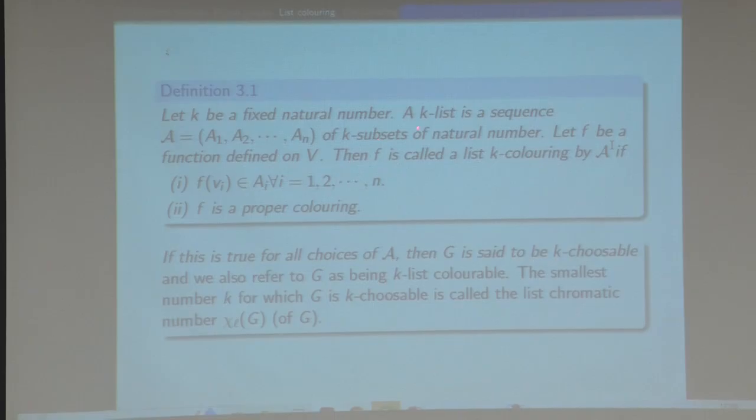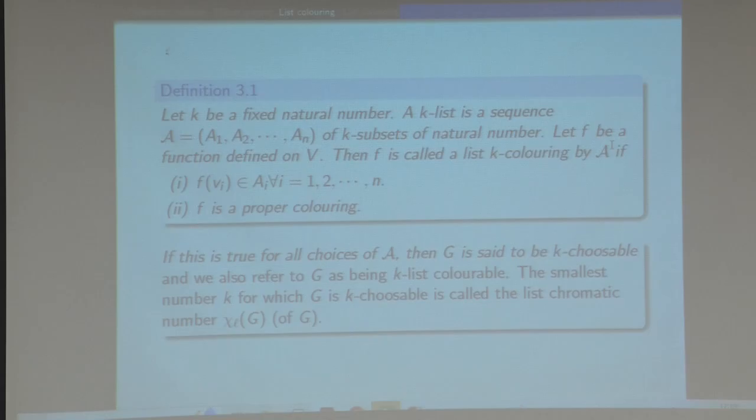What one is going to do now is take a sequence of sets, each set of order k, and at vertex i, you can only use the colors that are there in Ai.